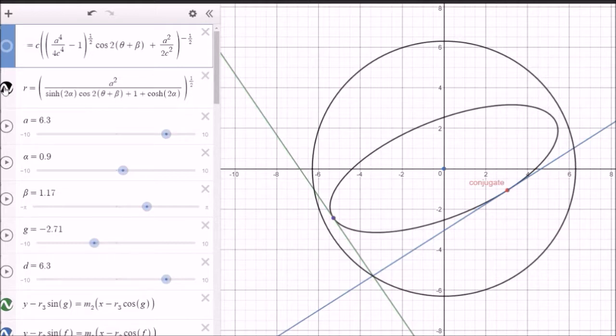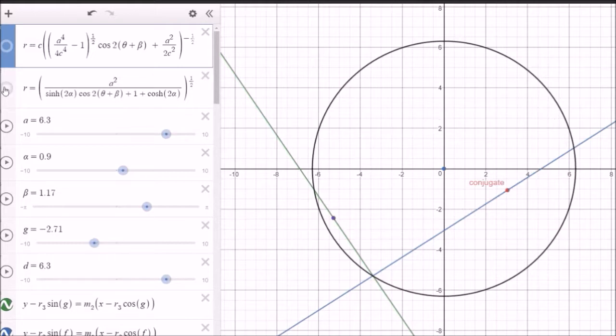If we were to take that off, you can see that's the ellipse there. What we have here is that ellipse, and we also have a conjugate point. The conjugate point will follow that ellipse round as we move it, and there's a blue line here which is a tangent to that conjugate point. We've also got another line here which is tangent to this point here, which is in blue.